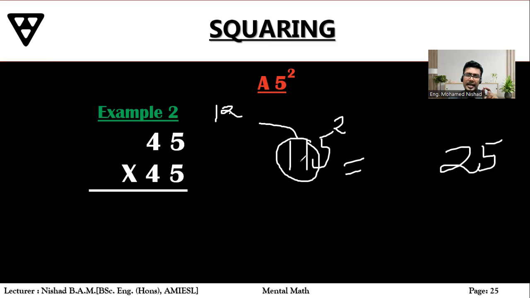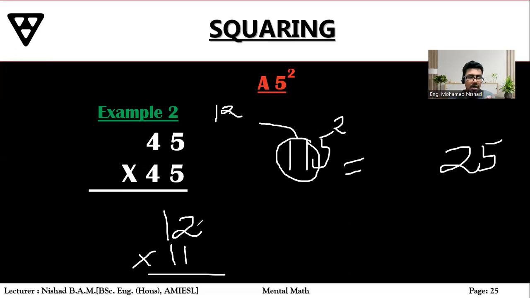How can you multiply a number by 11? Do you remember that? How can you multiply any number by 11? It's very simple. I told you in the earlier classes, if you are going to multiply any number by 11, we are lucky. Why? Because it's very simple.